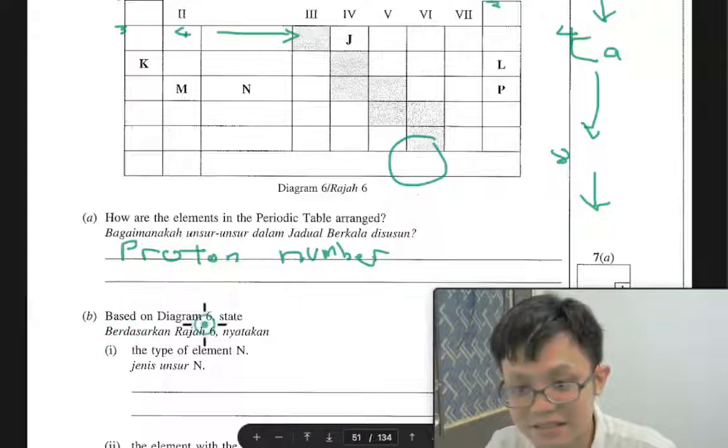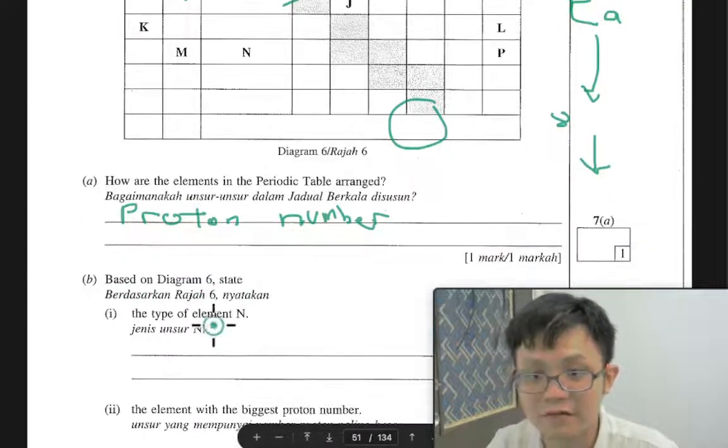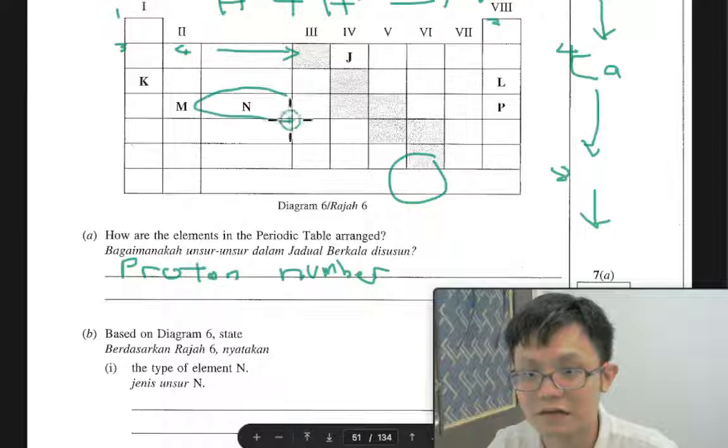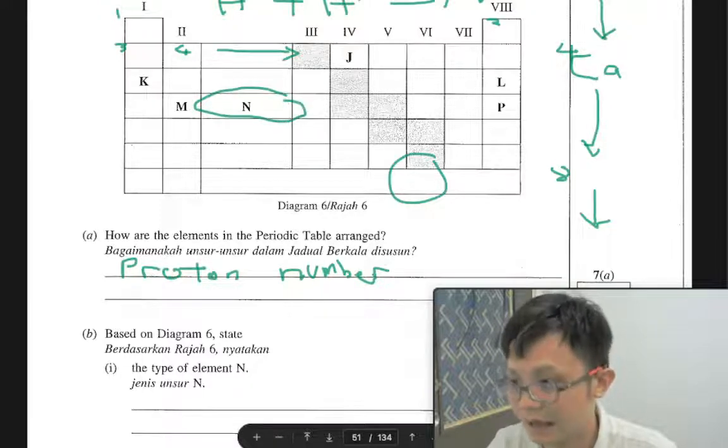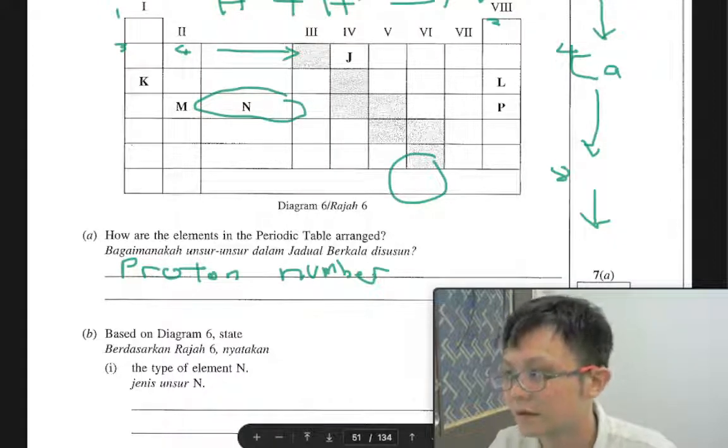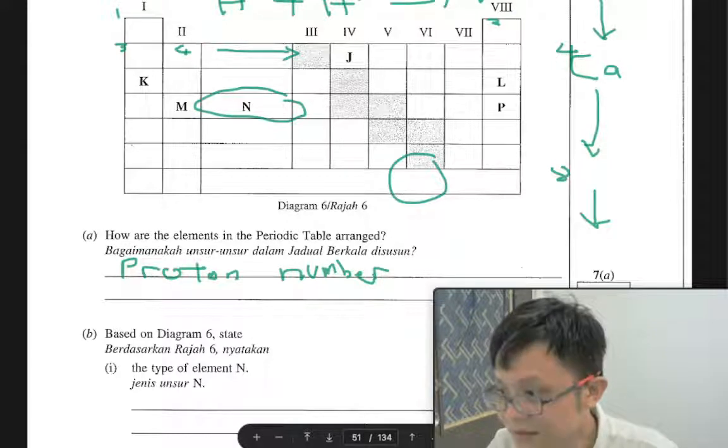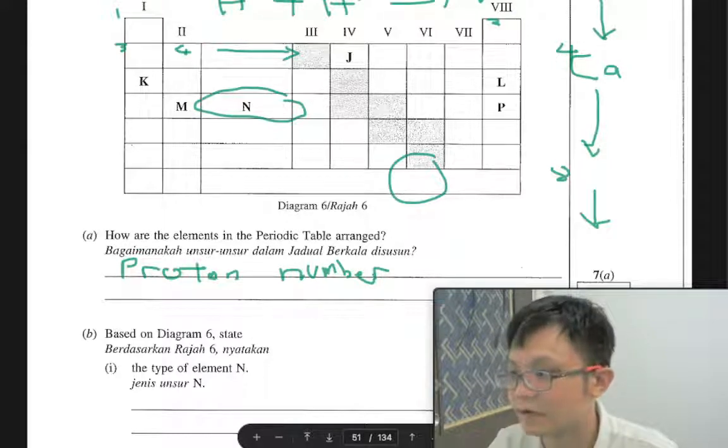Okay, so yes, it's a range of proton numbers. Based on diagram 6, state the type of element N. So what is the type of element N? N is a metal. What metal?